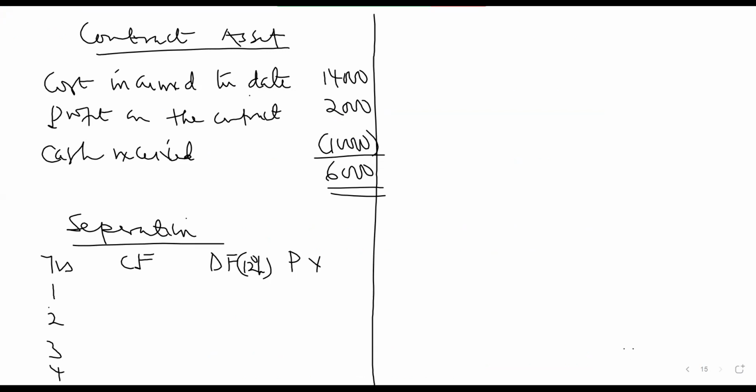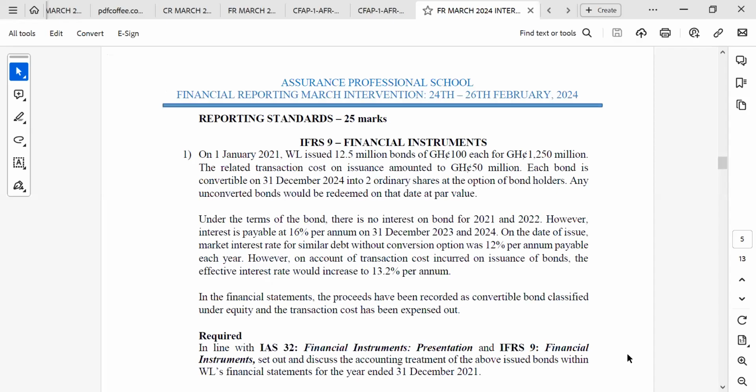Okay, the cash flow, the money that the holders will be receiving for this particular instrument, is the coupon. Under the terms of the bond, there is no interest on the bond for 2021 and 2022. The interest they are talking about is the coupon. What is the coupon rate? The coupon rate is 16%. It doesn't mean that the company is not going to pay them interest.